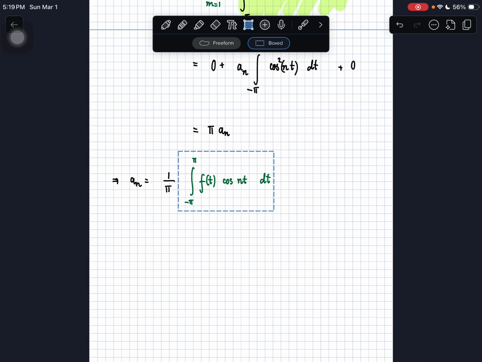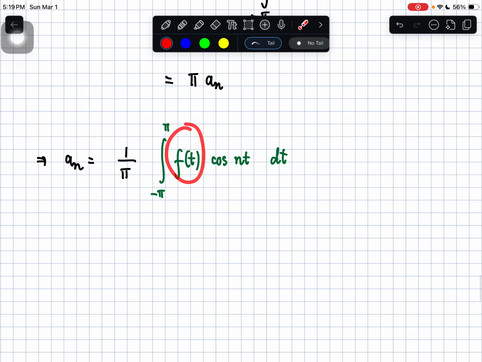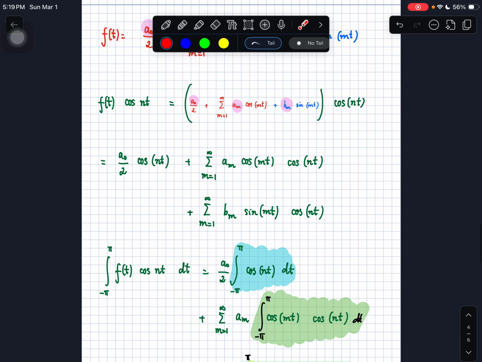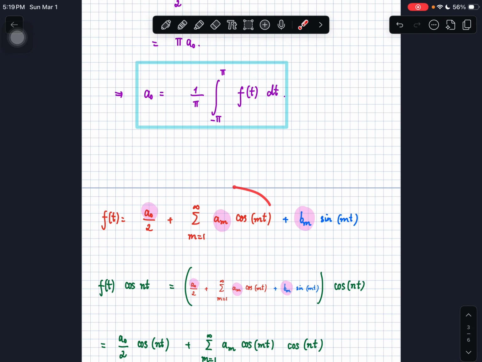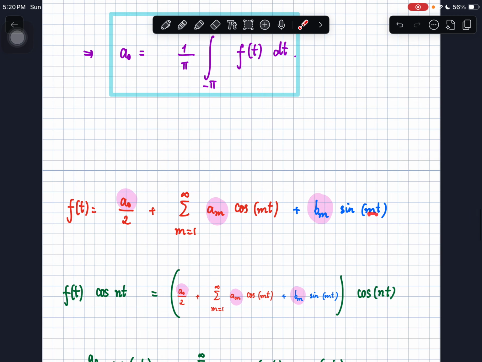So now, for a given function f(t), you can compute the coefficient an here. So we computed all of the coefficients of cosine. Similarly, we want to compute the coefficient of sine. What we do is multiply sine nt to both sides of this equation. You take the integral of both sides, all the terms will be 0, except one term when m equals n.